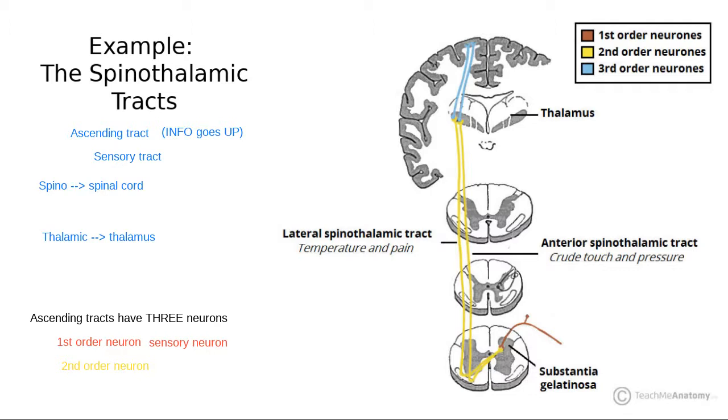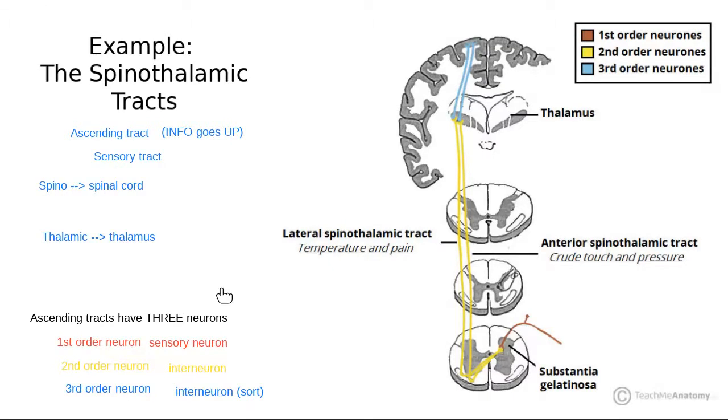The second order neuron, kind of hard to see there, but the second order neuron is an interneuron that's doing the processing. That information comes into the spinal cord. The interneuron says, I can't process this, I can't do anything, I'm sending it up to the brain. The third order neuron is another interneuron, but the job of this interneuron is kind of to sort the information or send it to the right place.